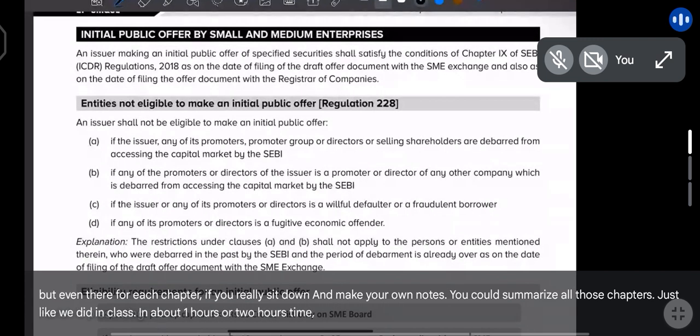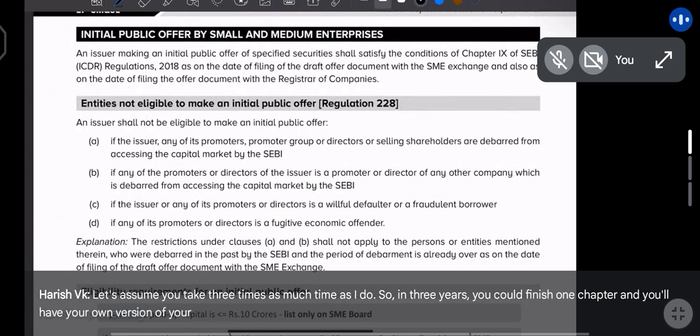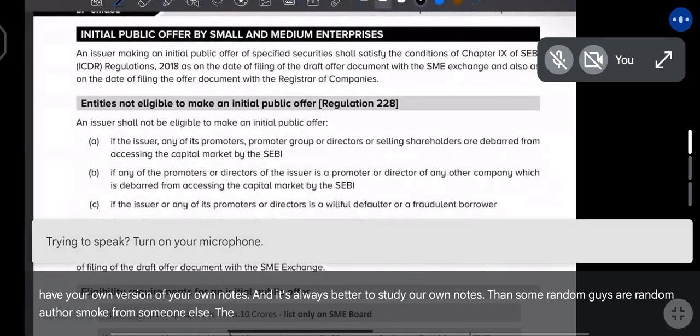Okay, let's assume you take 3 times as much time as I do. So in 3 hours, you could finish one chapter and you'll have your own version of notes. And it's always better to study our own notes than some random author's notes. The best case scenario is to make your own.